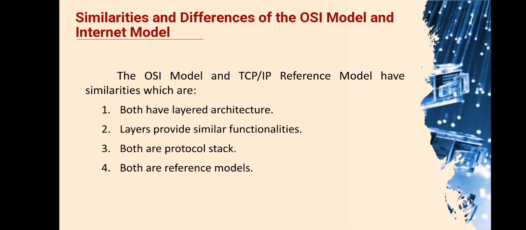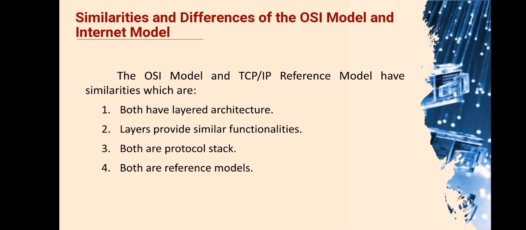Next, the layers provide similar functions. Like what has been shown in the illustration before, multiple layers in the OSI are also performed in a single layer of the TCP/IP model.